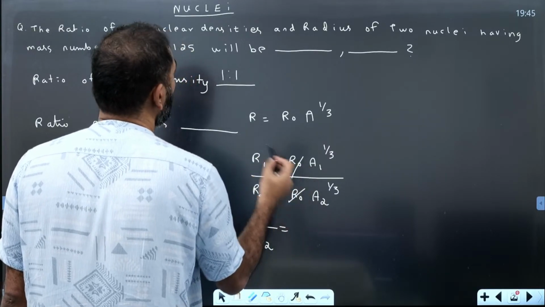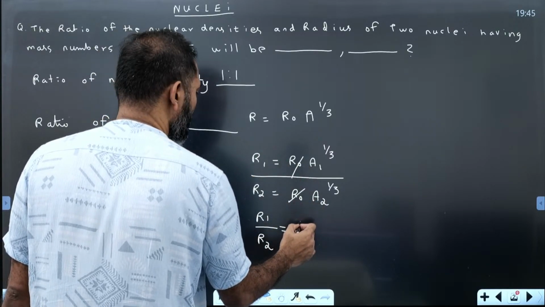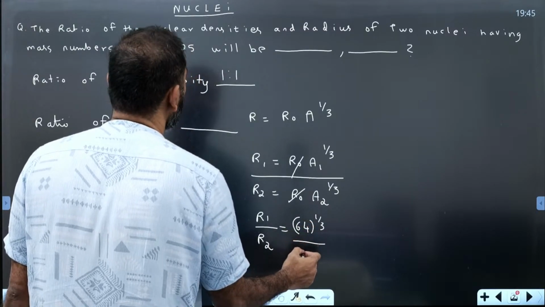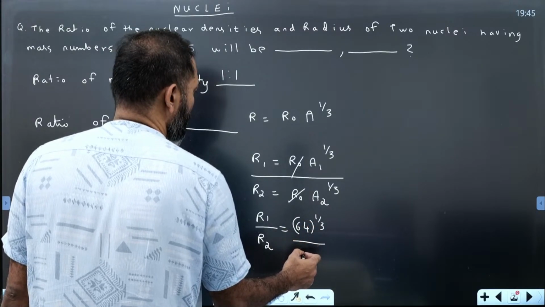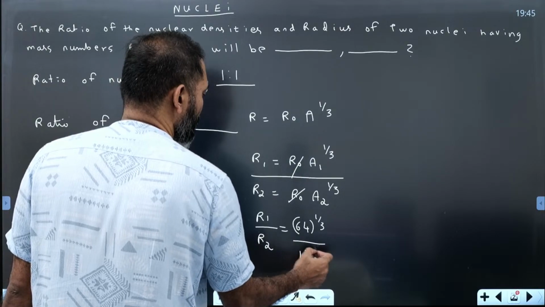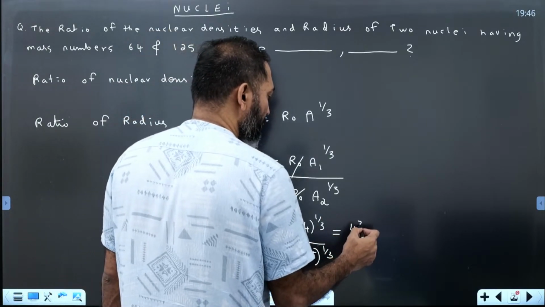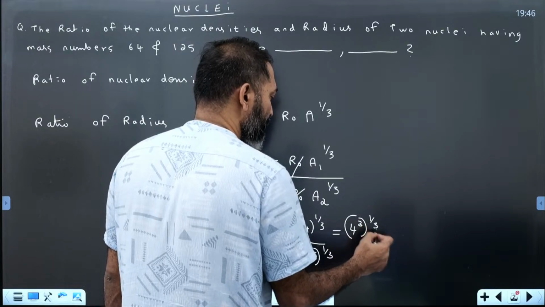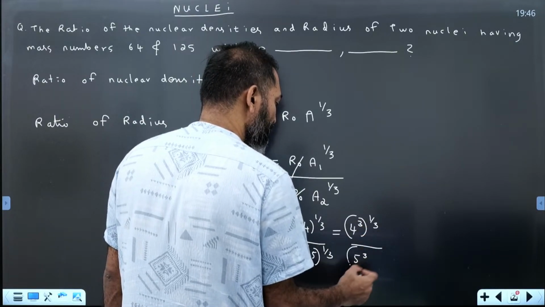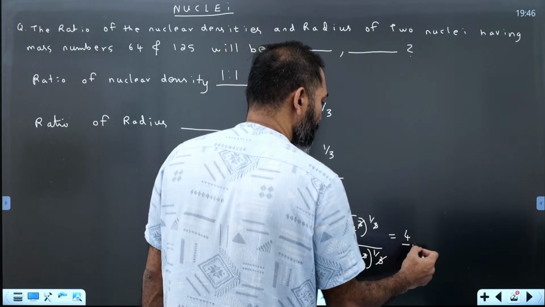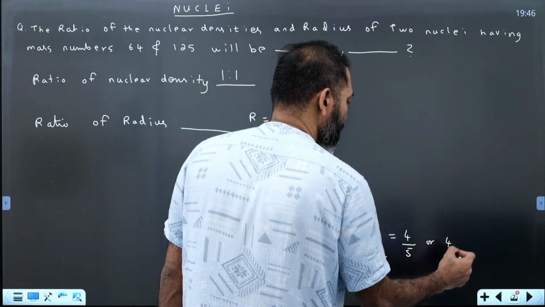Instead of A1 we have 64 whole raised to 1 by 3 divided by A2, which is 125 whole raised to 1 by 3. What is 64? 4 cube raised to 1 by 3. What is 125? 5 cube raised to 1 by 3. So 3 gone. What is the ratio? 4 by 5 or 4:5.